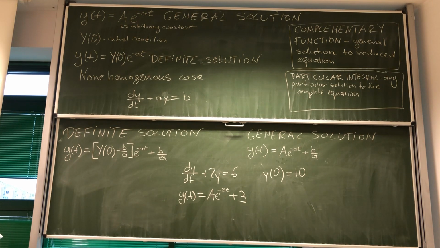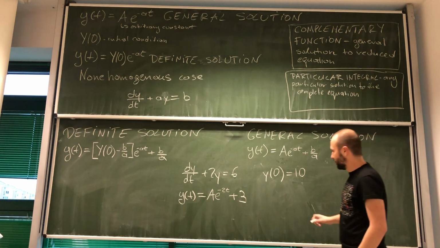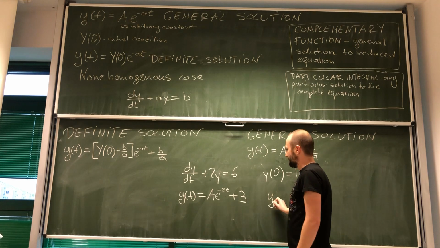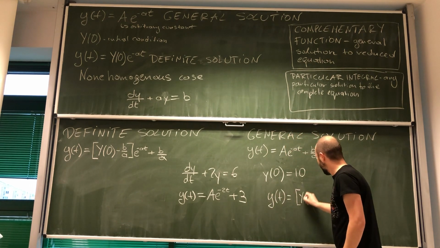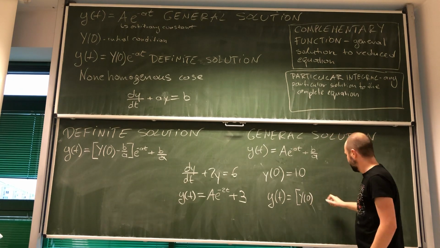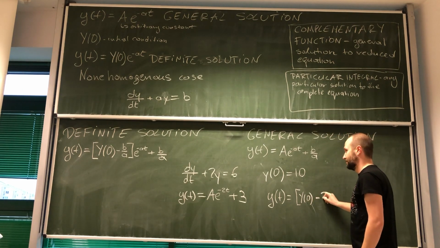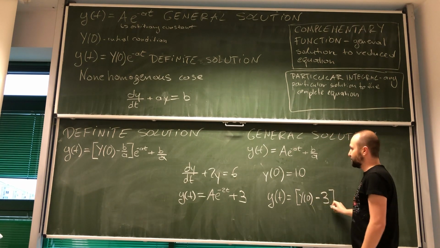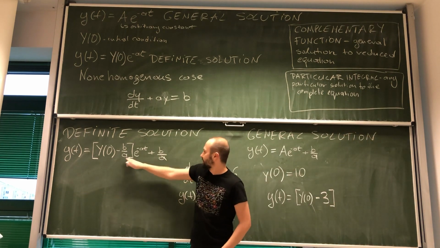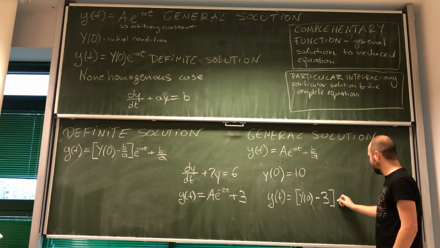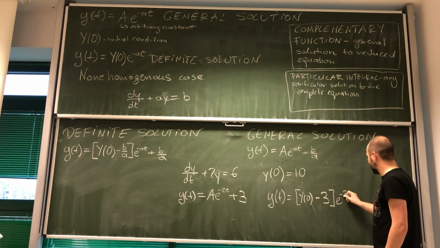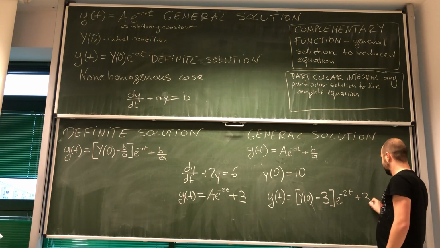Then the definite solution is going to look like y0 minus 3, because we subtract the same number that we've got over here, times e to the power negative 2t plus 3.